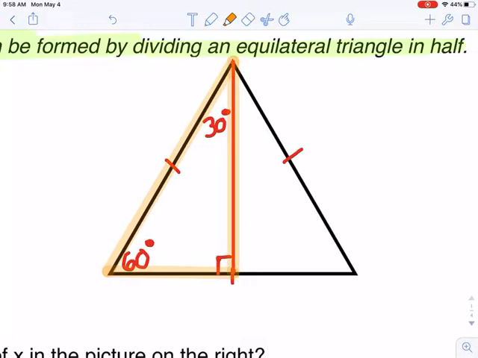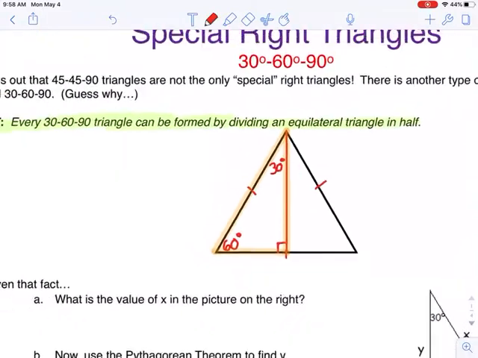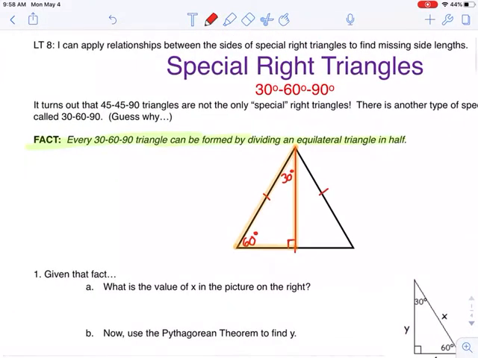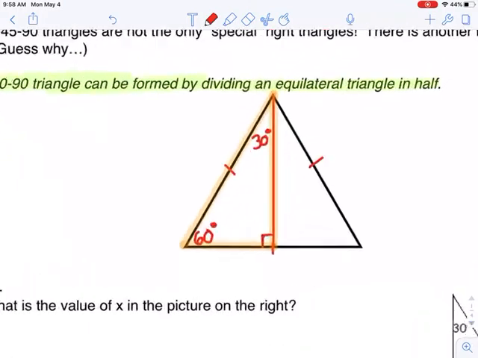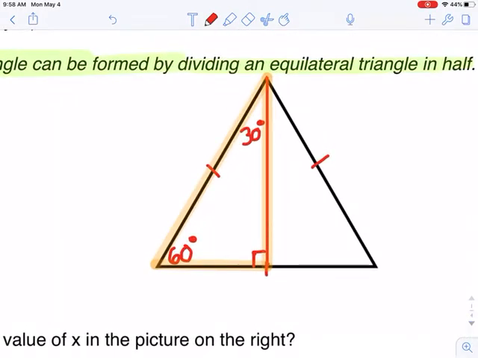All right, now let me think, what do I want to do here? So we have the hypotenuse. Let's just make up a number. Let's pick an even number. Let's do, I guess, 10. All right.